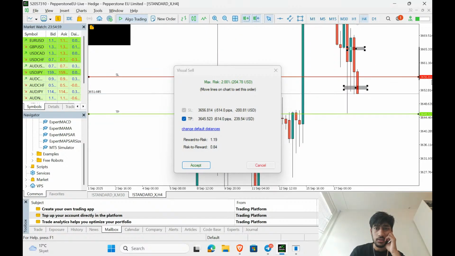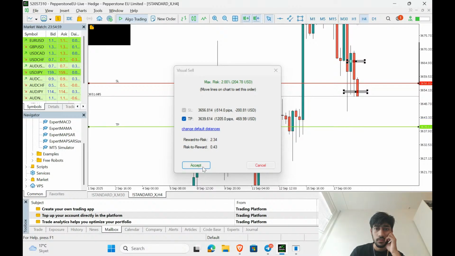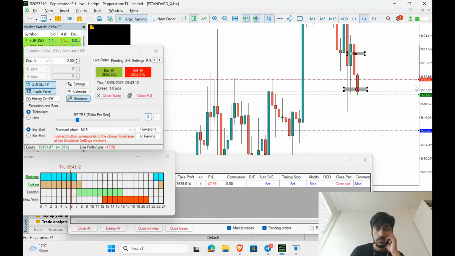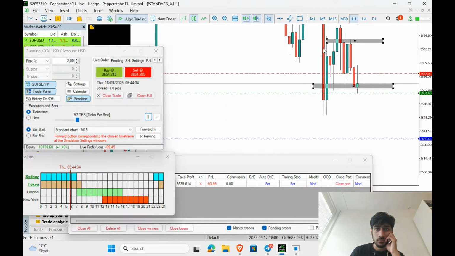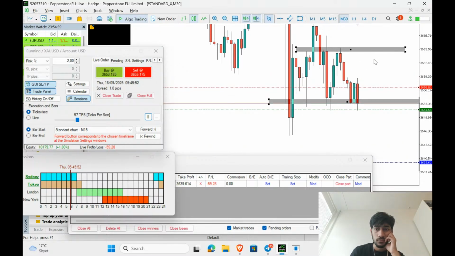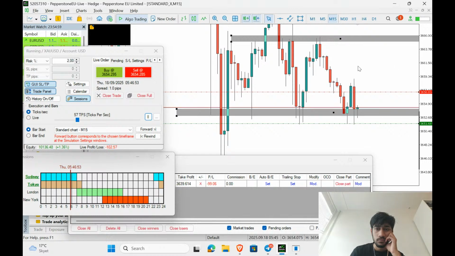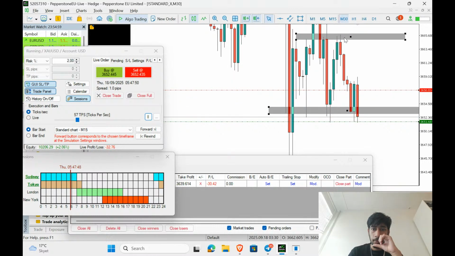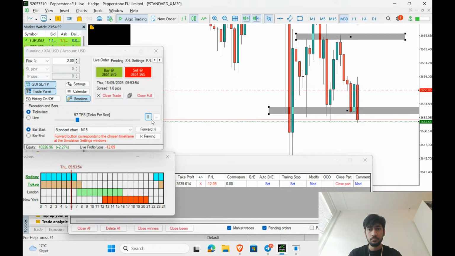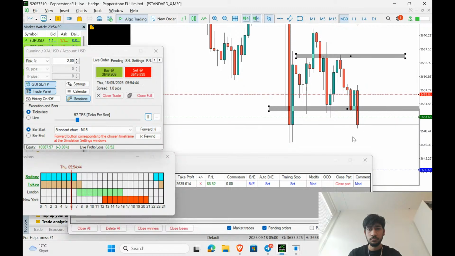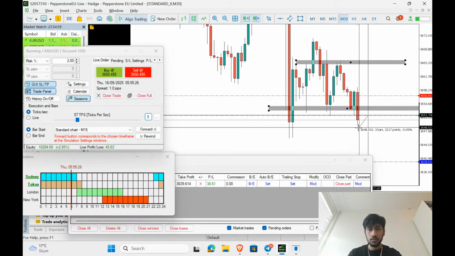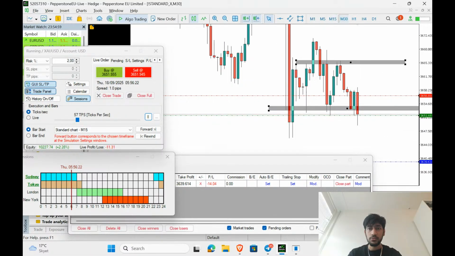For price to potentially fill this week and go further down, to fill this week and potentially the downside range.